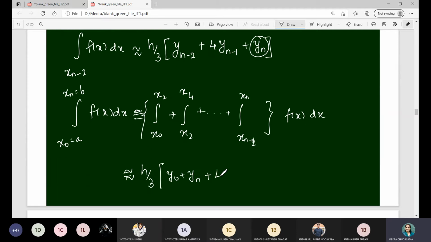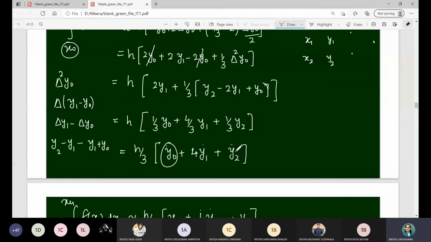So I can write here 4 times the odd terms, that is y1, y3. If you take the next subinterval x4 to x6, in which the middle point is x5, the corresponding y5 will come, so all these will be with the multiple of 4 up to yn minus 1 in the last expression.